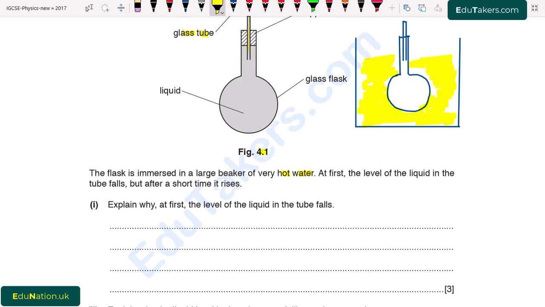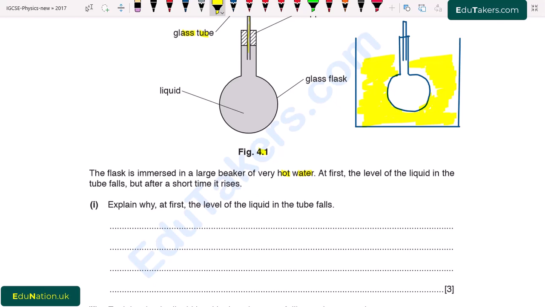So basically it is due to the reason that when this flask is kept into the beaker that contains hot water, it means that we provide heat to the glass flask. So when a liquid in the glass flask is heated, the heat first reaches the glass flask and then it expands because there is an expansion when the temperature is increased. So when the heat reaches the glass flask, then it will expand.